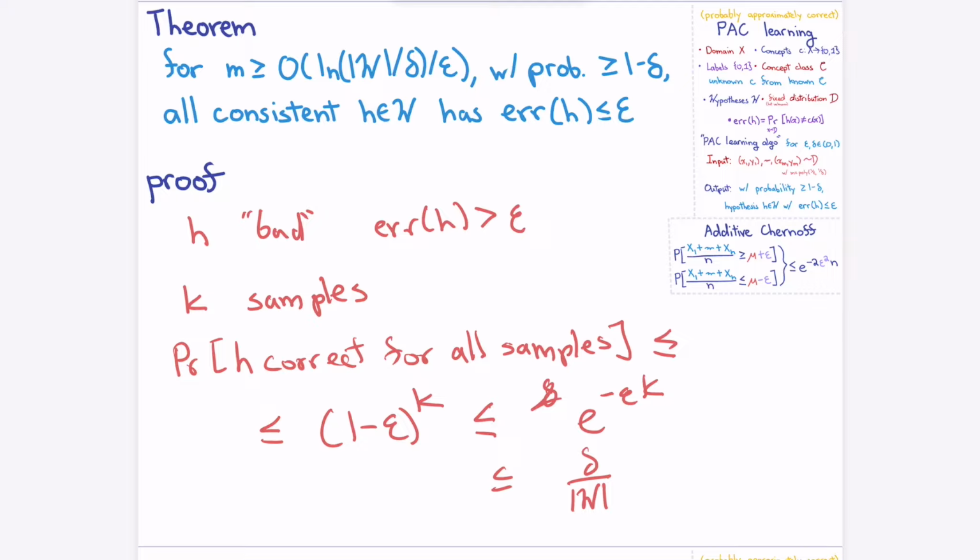Now you can union bound over all the bad hypotheses, which is at most the total number of hypotheses, and you get probability delta of outputting something bad. I probably should have used m all along.